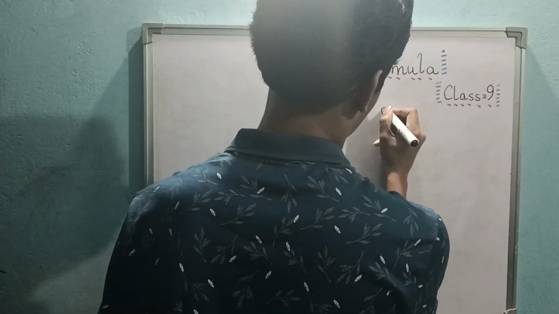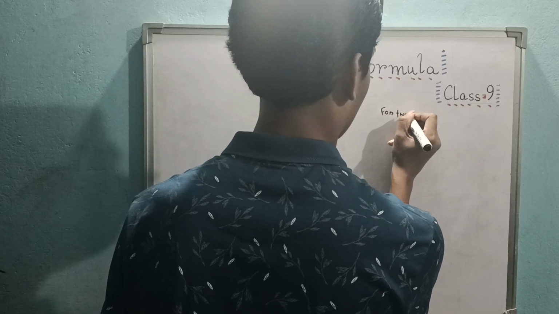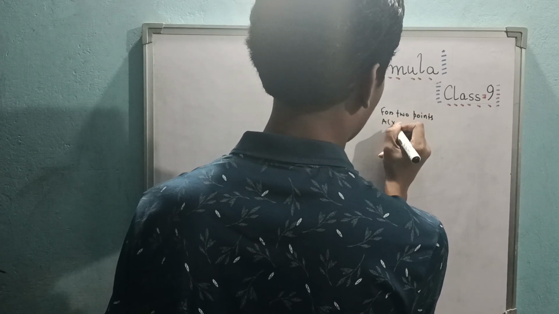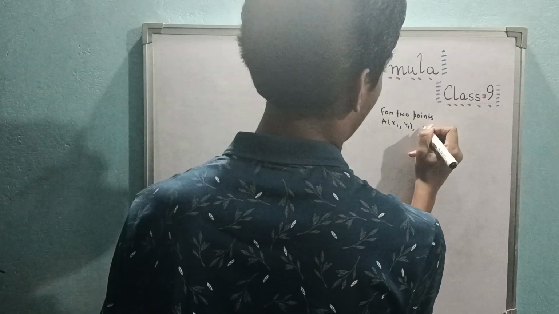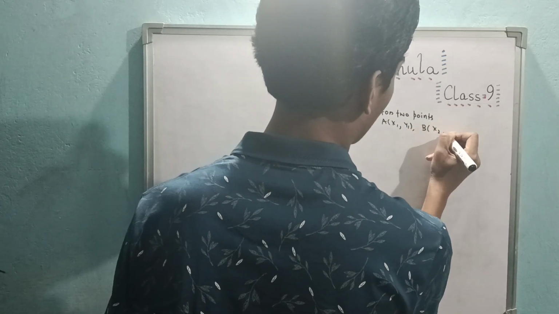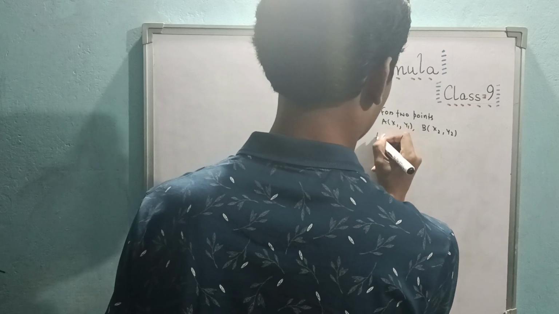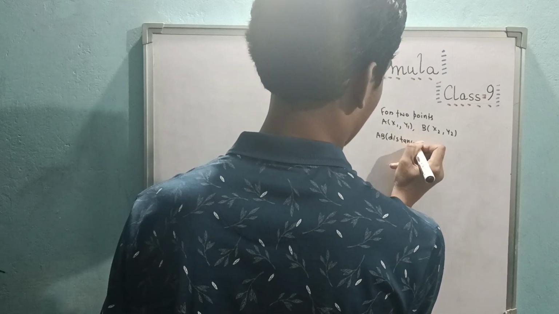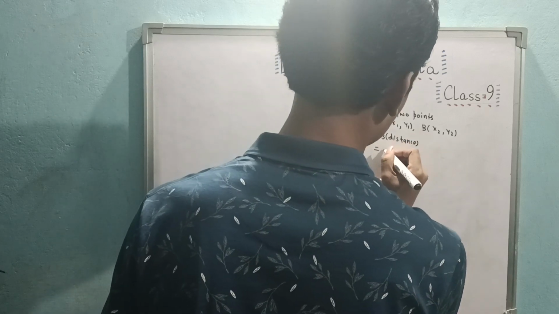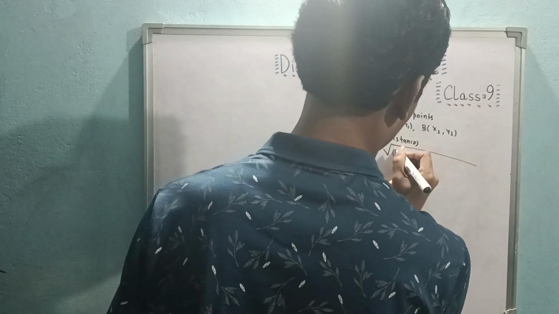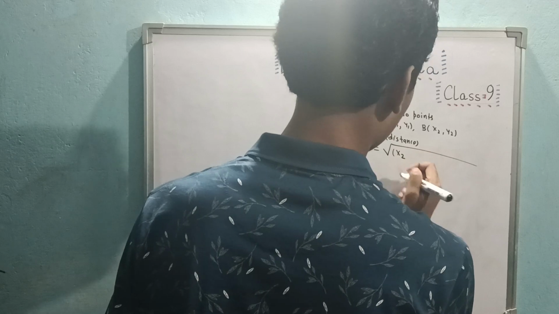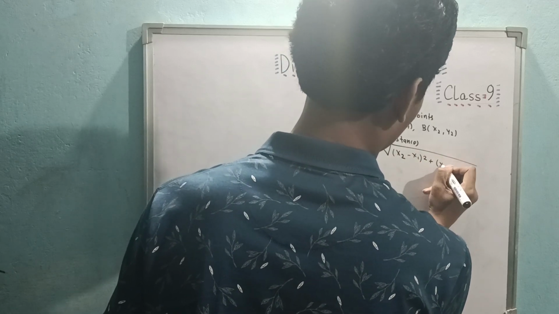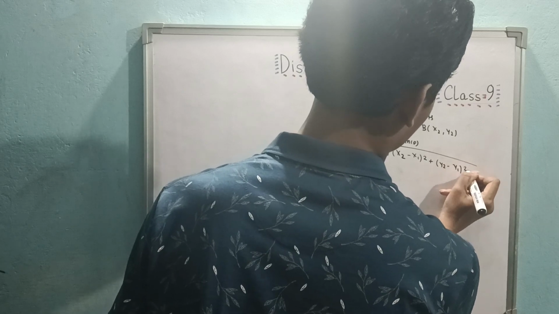For 2 points A (x1, y1) and B (x2, y2), the distance AB, or the distance between the points, is equal to root of x2 minus x1 whole square plus y2 minus y1 whole square.